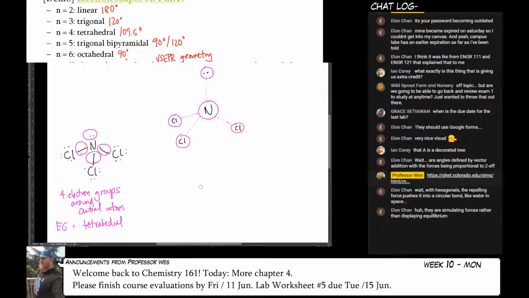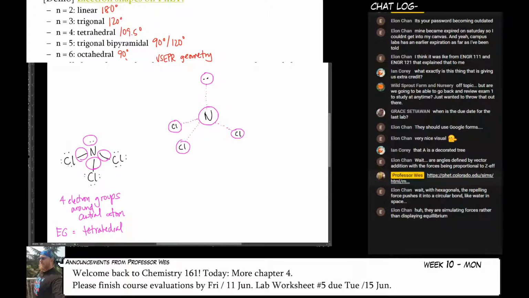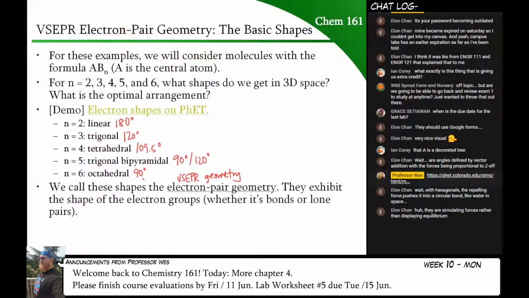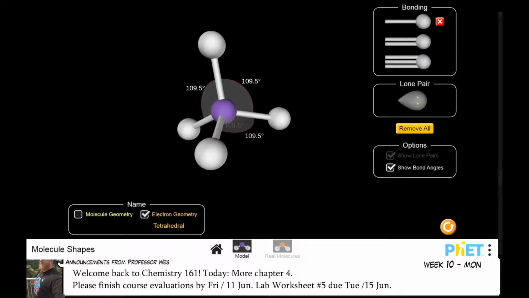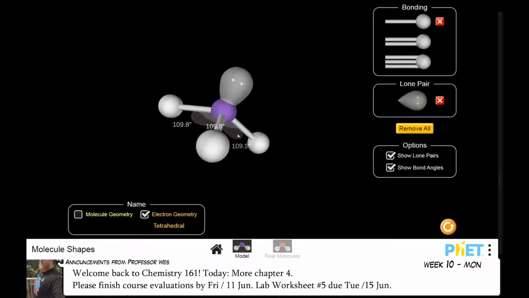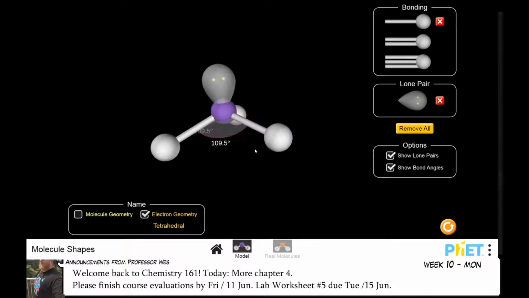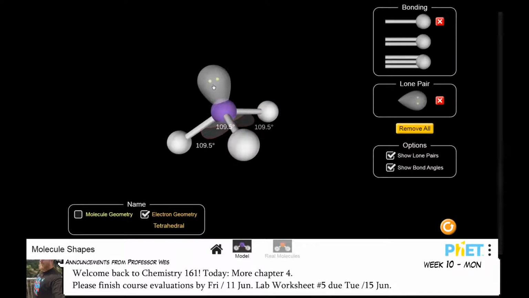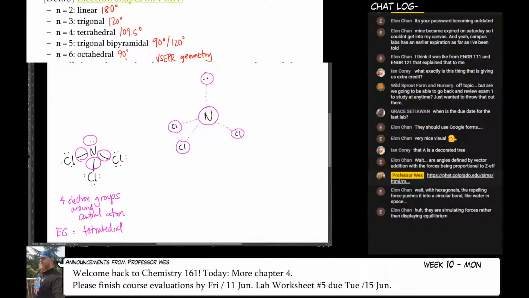So you're going to be asked to look at a molecule and give its electron geometry. Now, something you'll notice is that if I start replacing things with electron pairs, we've drawn these electron pairs to be really big, haven't we? This is the molecule that I drew right here.